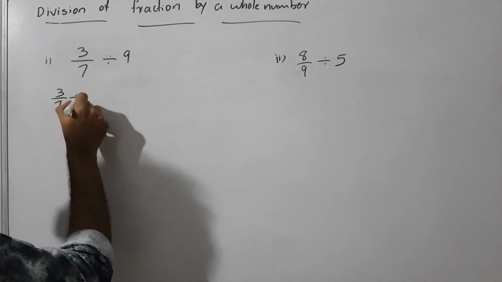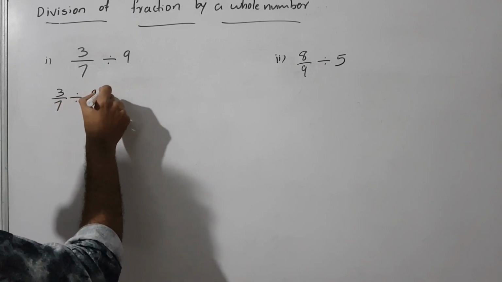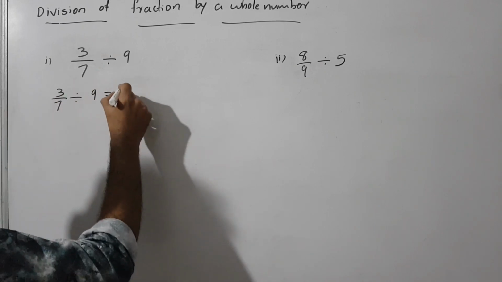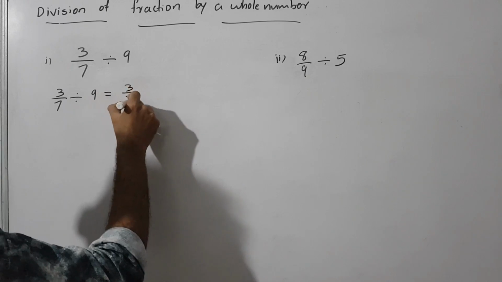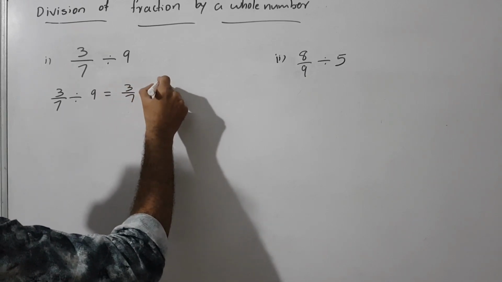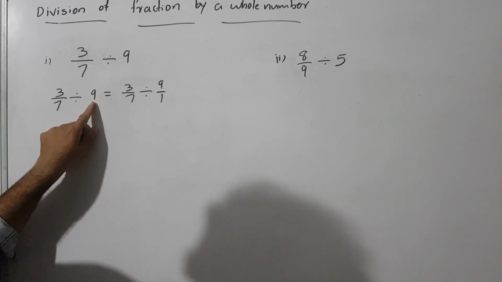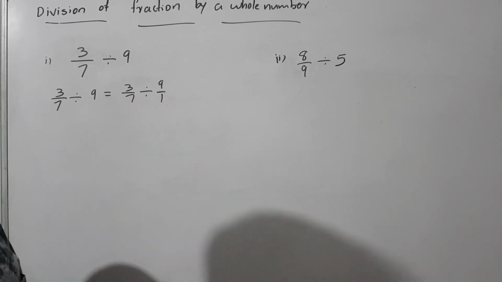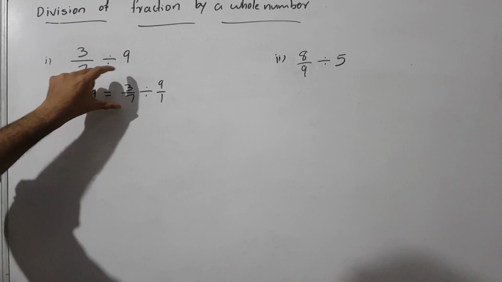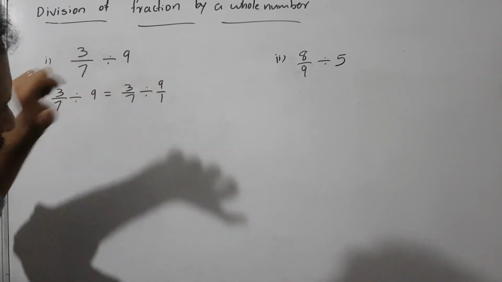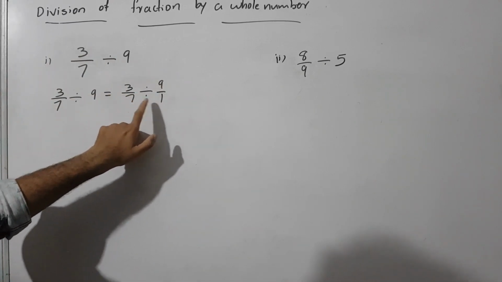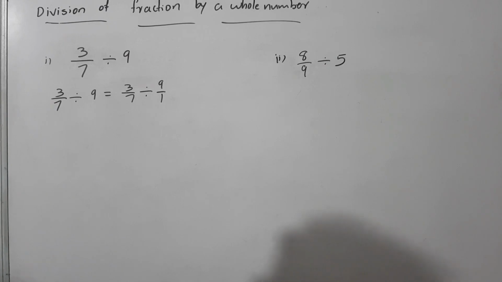Then 3 by 7 divided by 9 is equal to 3 by 7 divided by 9 by 1. I make the whole number first in the form of a fraction. So now we know how to divide two fractions. Now the first one is a fraction, the second one is also a fraction. Then what are the steps?